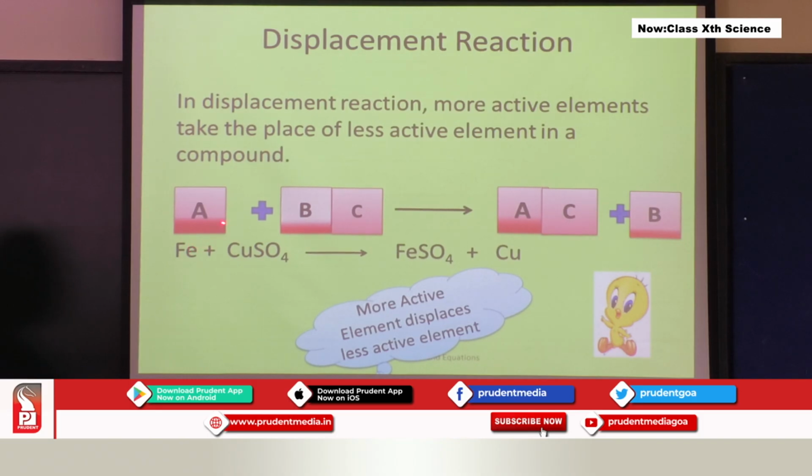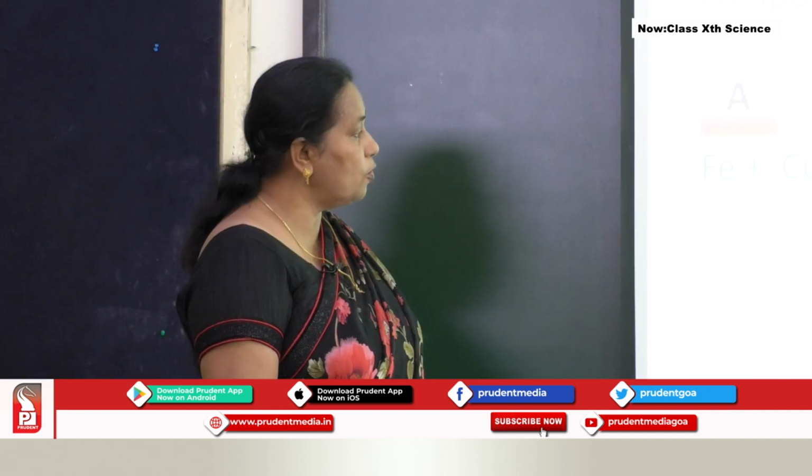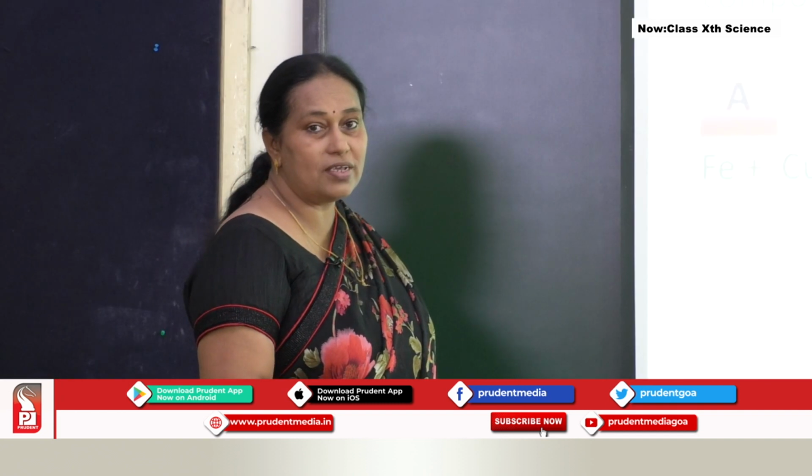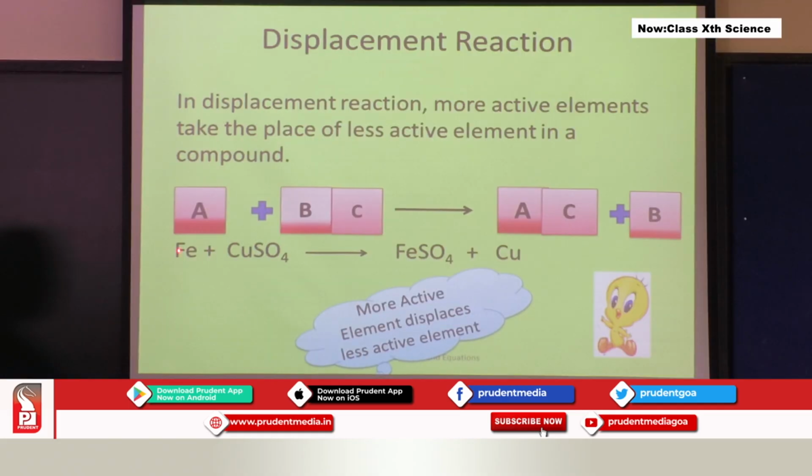So, iron displaces copper from copper sulphate and forms ferrous sulphate, and copper is left alone. I hope the displacement reaction is clear for you. Once again, this element should be more reactive and the element in the compound should be less reactive. So, the more reactive element displaces the less reactive element from its compound.